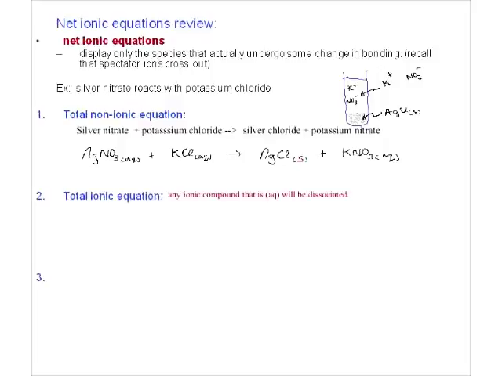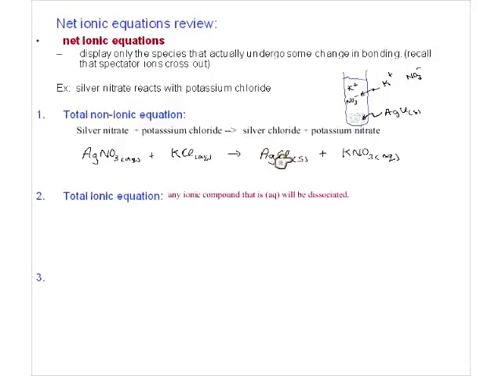So what we do then is we say, okay, anything in this equation that's aqueous, (aq), is really going to be dissociated to form ions. So silver nitrate really exists in the aqueous state in its dissociated form: silver ions and nitrate ions. Likewise, potassium chloride. We will not be able to dissociate silver chloride because it's stuck together to form silver chloride crystals, so these are going to be taken out of the solution.